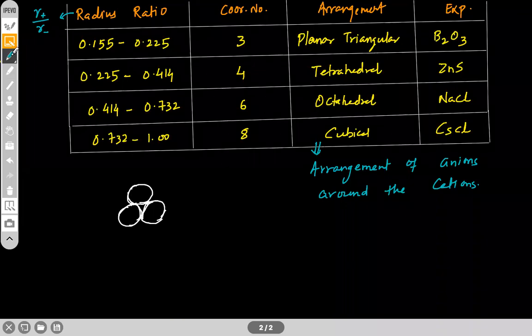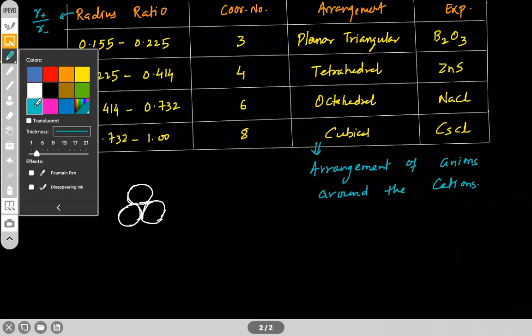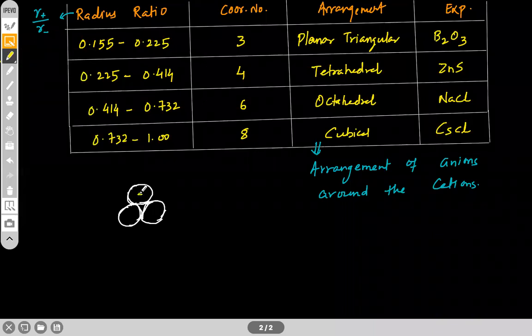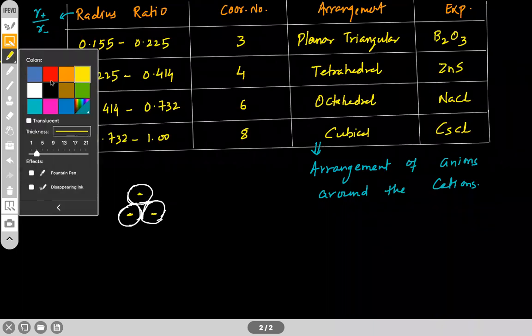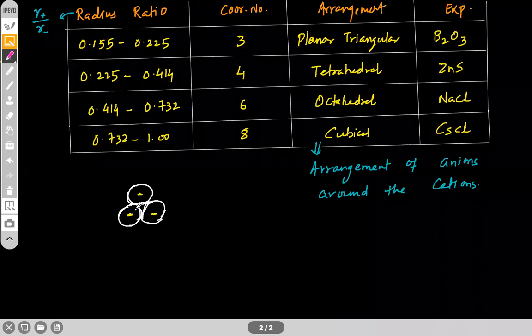All these three ions are anions, negative. And the void that we have here is occupied by the cation, which is positive. So this is the arrangement we have, anions and cations in planar triangle.